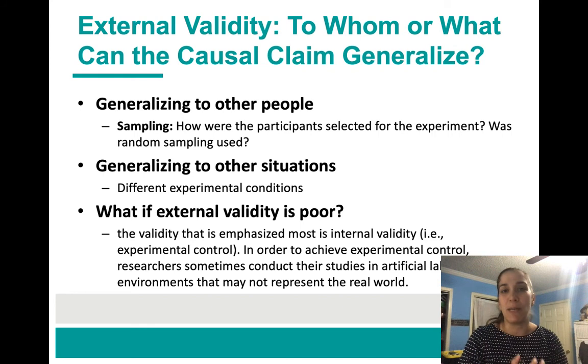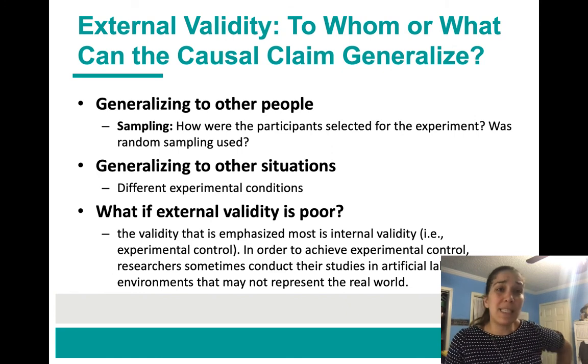So different experimental conditions. Now, as you read studies, if you're ever actually examining using these validities, you might see that external validity tends to be a little poor in the field of psychology.